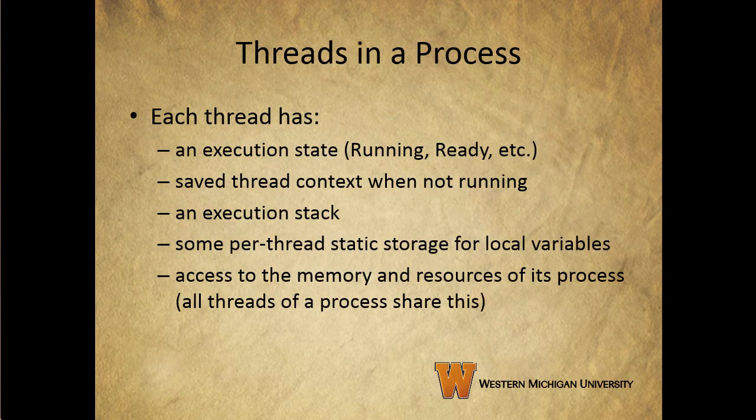So let's talk about threads within a process. Now, each thread has various things that are listed here, and you'll notice that most of these are pretty much the exact same thing as a full-blown process has as well.